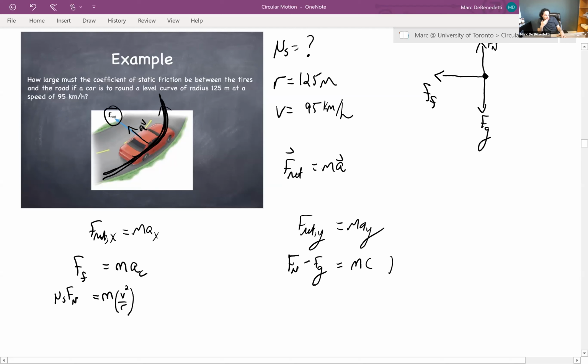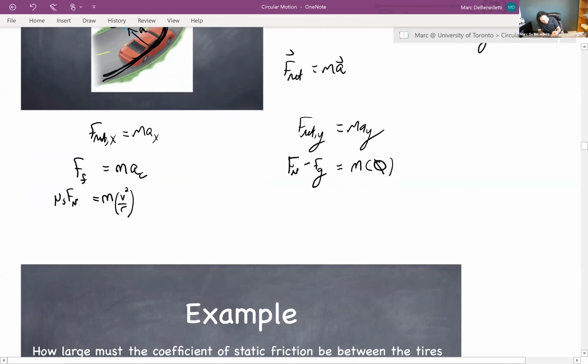Well, this car is sitting on a road, so the y direction would be up or down. Is this car magically levitating or magically being driven into the ground? No. So you can tell from context that the acceleration in the y direction is going to be 0. So that means the normal force is going to just simply be the force of gravity.